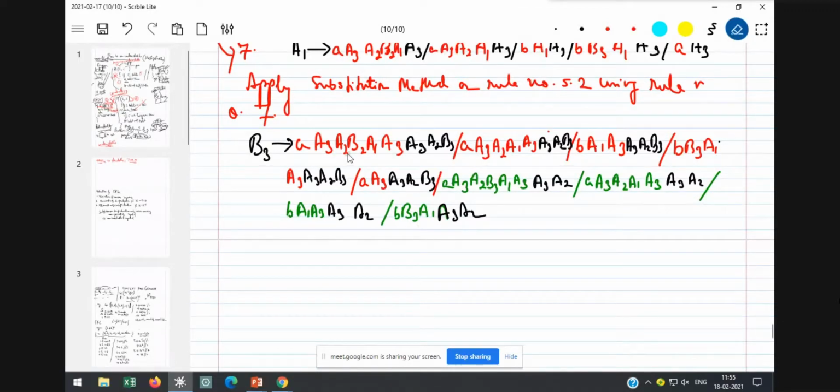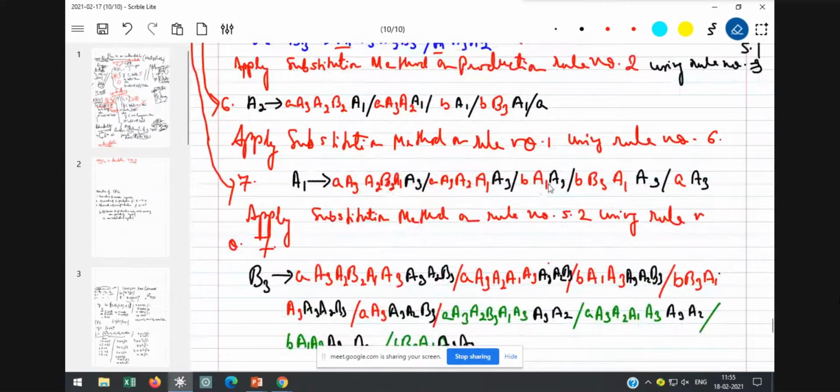Totally, how many values? 1, 2, 3, 4, 5. Okay, A1 values are 1, 2, 3, 4, 5. So one value is missing.